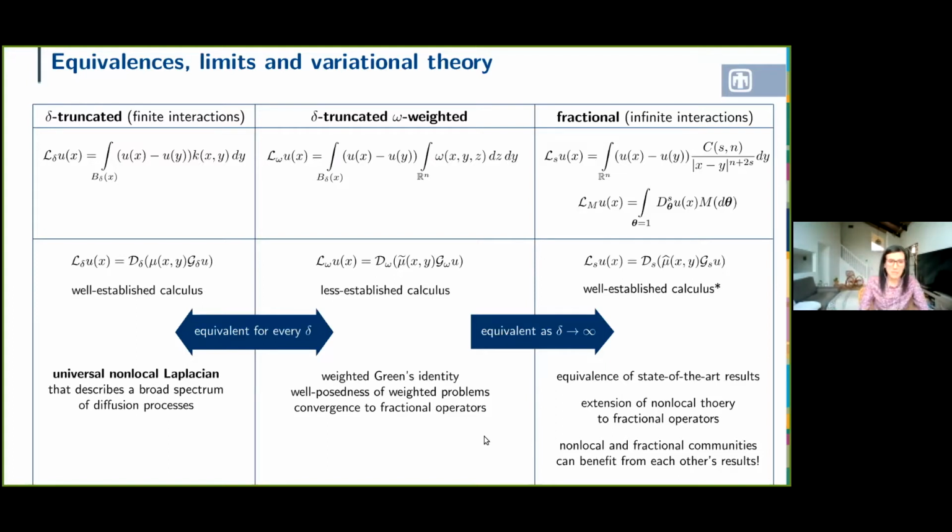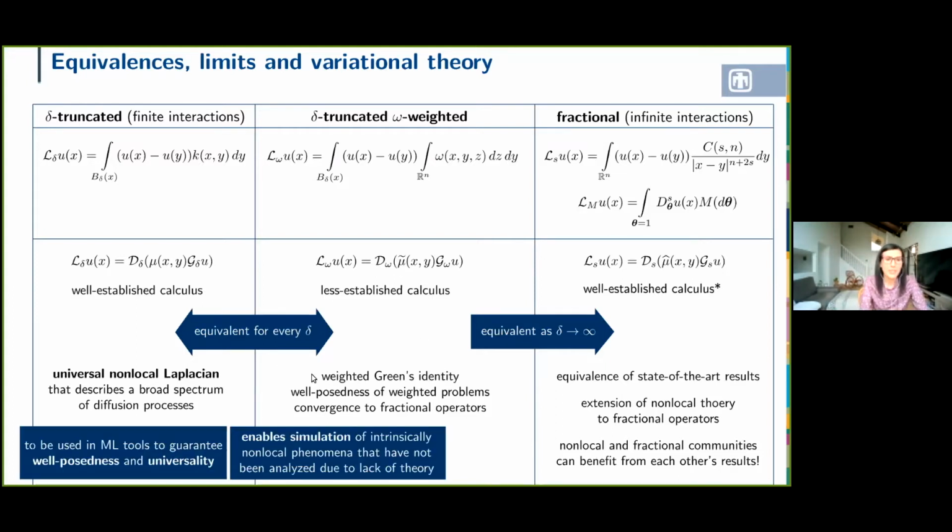Anyway, what I claimed earlier is that this theory can be used, in addition to machine learning tools or optimization tools, to identify in a rigorous way non-local models. And in particular, by using this theoretical framework, we can guarantee that what we learn is well posed and it's robust and it's physically consistent.